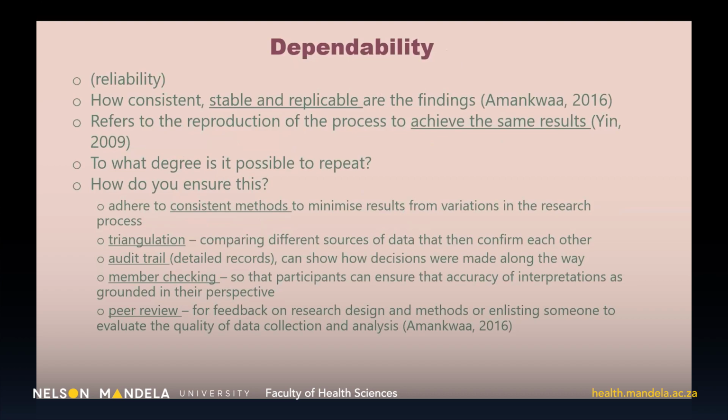Okay, then we have something called dependability. How consistent, stable, and replicable are the findings? Can you do the study again and achieve the same results? Now, in this kind of study where you're surrounded by so much information, that can be very difficult.